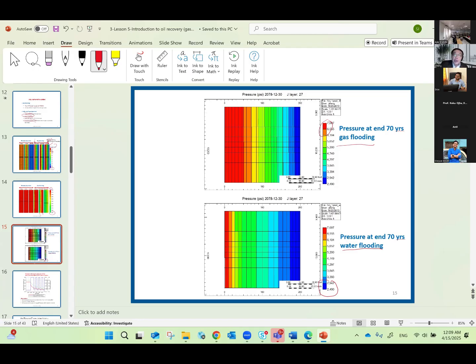For gas, the high pressure region is much bigger than water flooding. Why? Because gas is easy to be injected, so therefore it can increase the reservoir pressure quicker than water injection. That explains why gas flooding oil recovery is higher than water flooding.